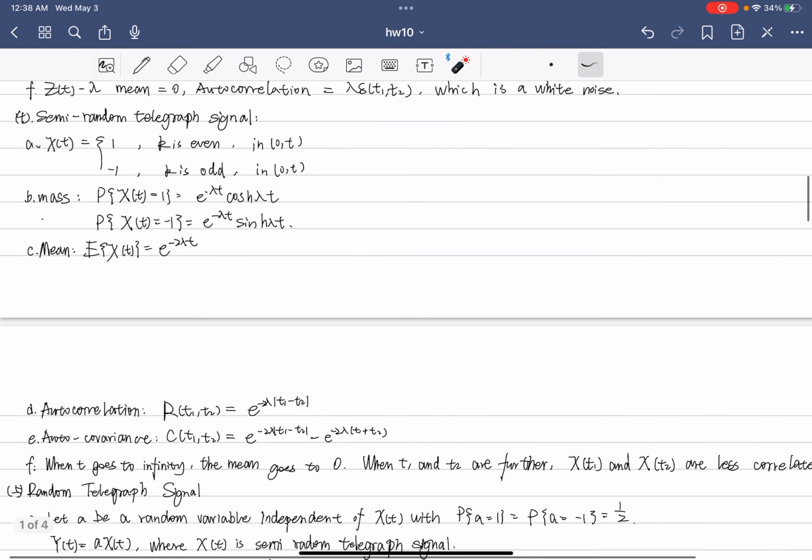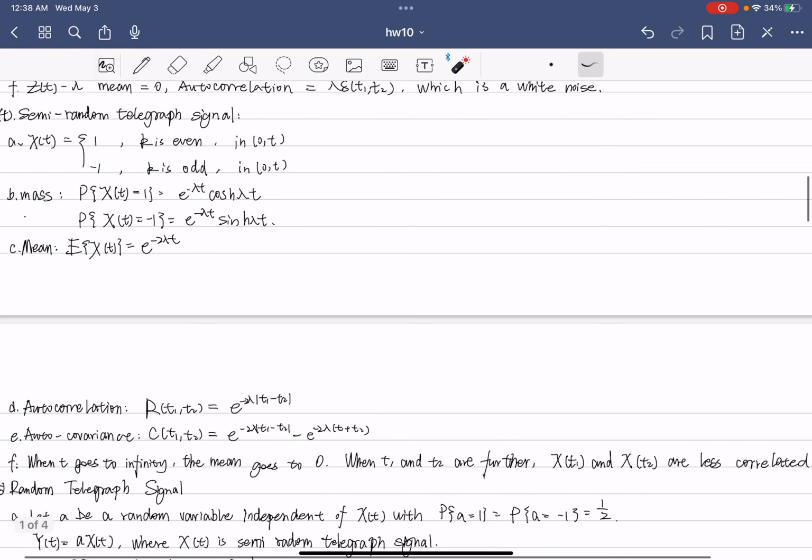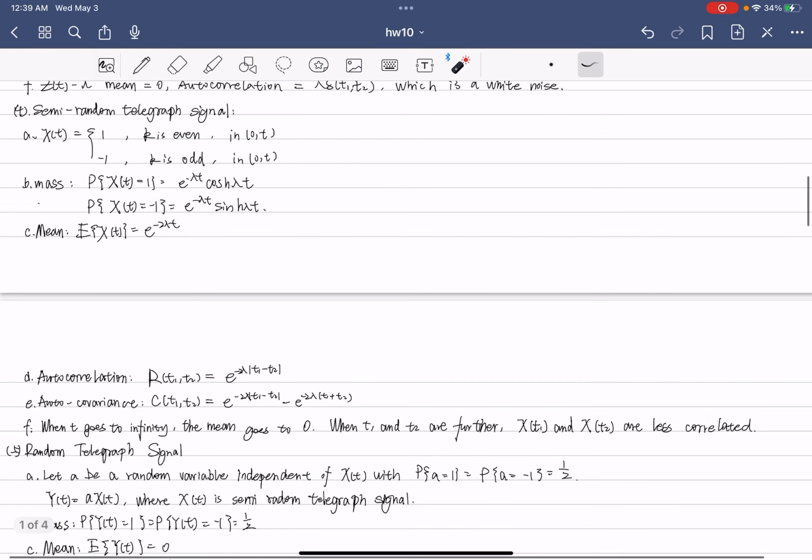We can find when t goes to infinity, the mean goes to 0. When t1 and t2 are farther apart, X(t1) and X(t2) are less correlated.